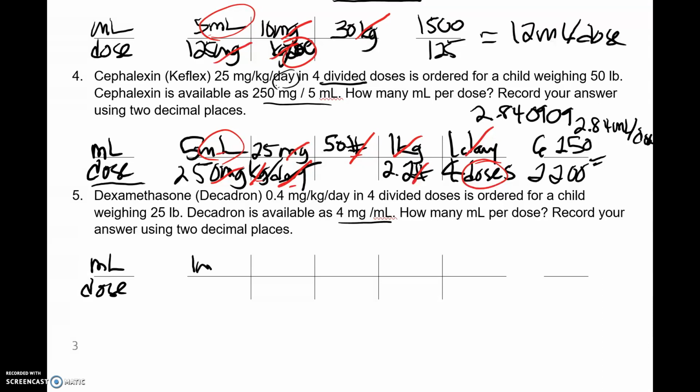Here we have 1 mL equals 4 milligrams. We have 0.4 milligrams per kilogram per day. And this person weighs 25 pounds. So we need some conversion factors.